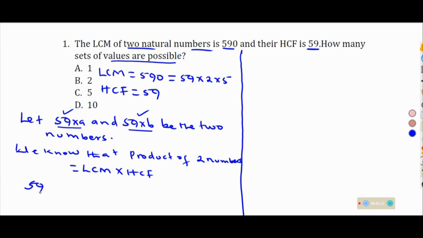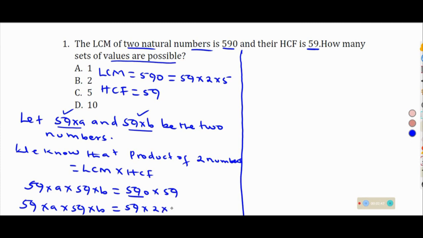So we get 59 times A times 59 times B, which is equal to the LCM, which is 590, times HCF, which is 59. For that case, we can have 59 times A times 59 times B, which is the same as 590, which we have seen is the same as 59 times 2 times 5.